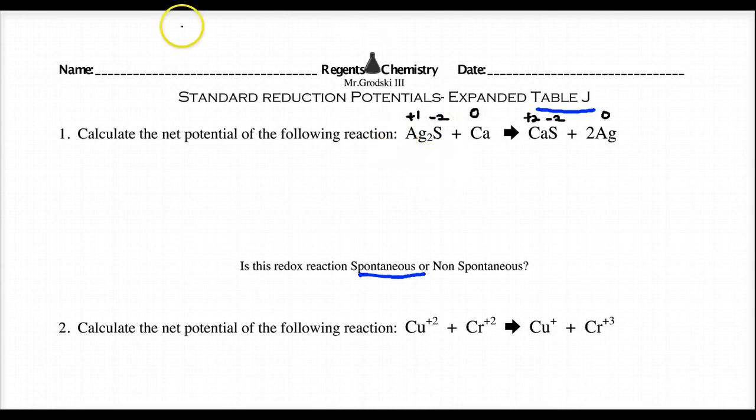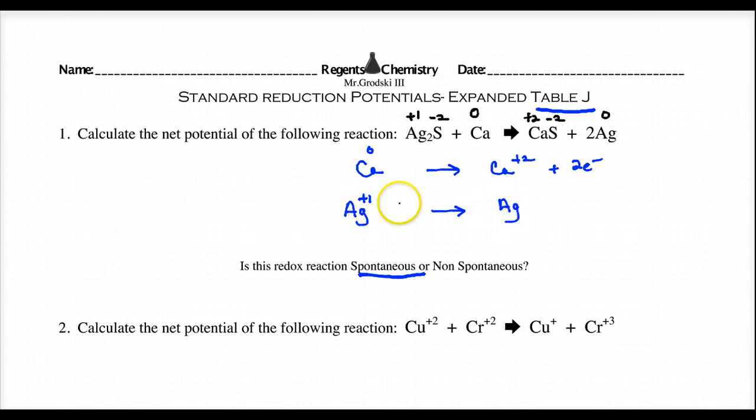Now we're going to write half reactions. Take my calcium 0, and it's going to become calcium plus 2. And then I put the 2 electrons on the product side so that both sides have the same charge. A negative 2 and a plus 2 is 0. This side is 0. That's your check. And now I have my silver plus 1, and it goes to silver 0. Now if you notice, my charge is going from plus 1 to 0.